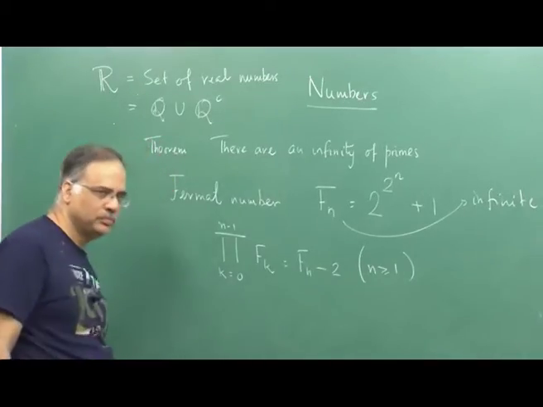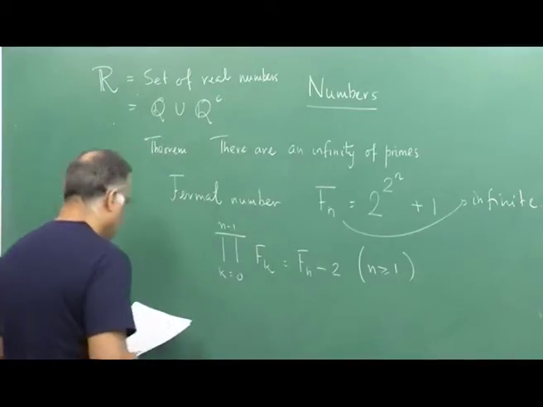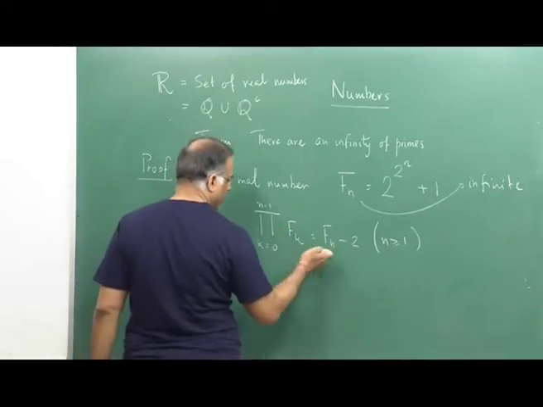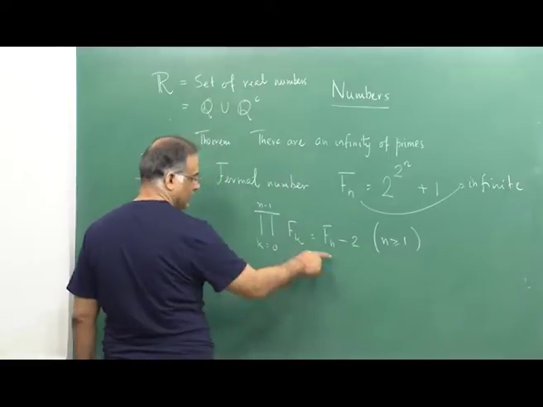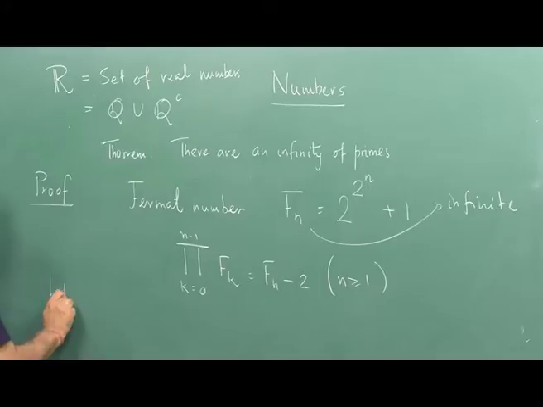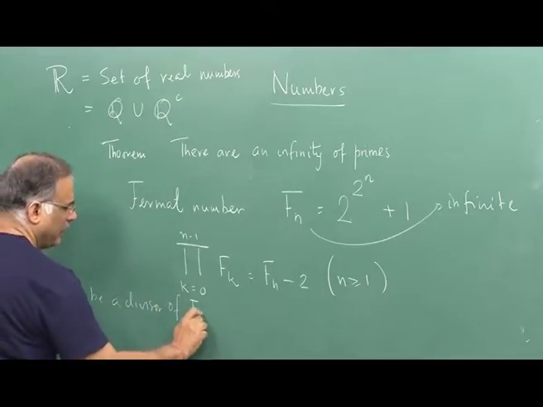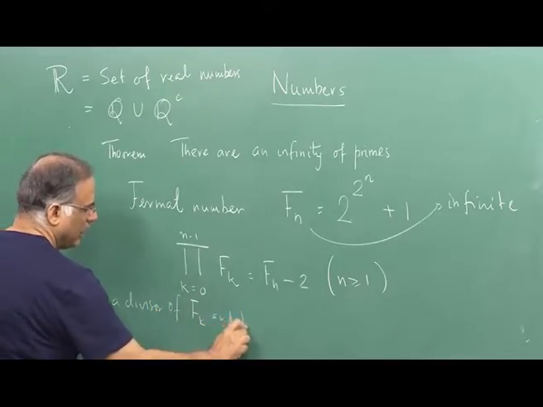Now, assume f k, where k is strictly less than n, because k is from 0 to n minus 1. So, let q be a divisor of f k and f n.